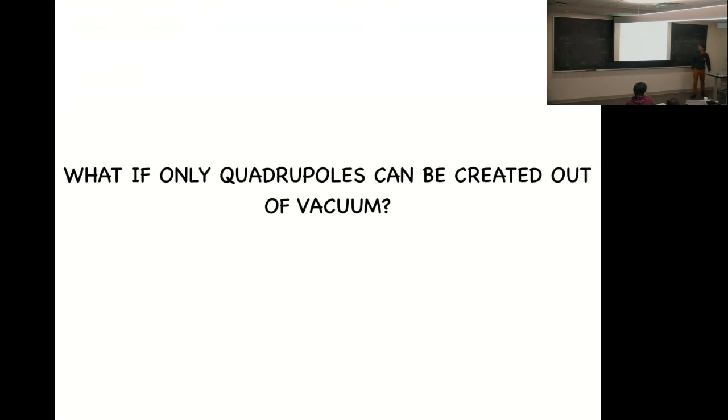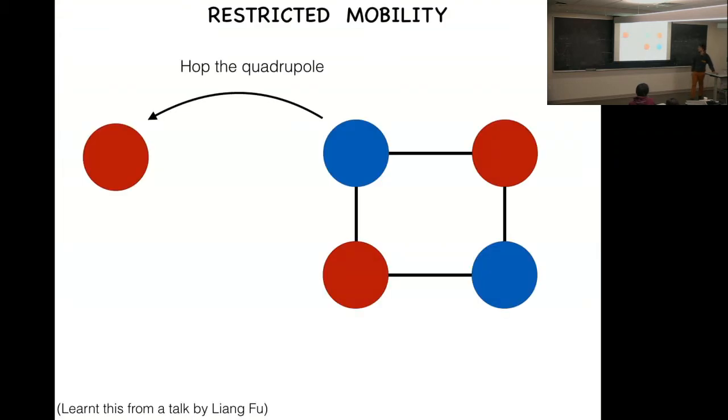Sometimes I can arrange a physical theory where I am not allowed to pull charged objects out of the vacuum, but I'm also not allowed to pull dipoles out of the vacuum. Okay, so just for the next couple of minutes, let's say I'm playing this game. I cannot pull dipoles. Suppose I can only pull out quadrupoles.